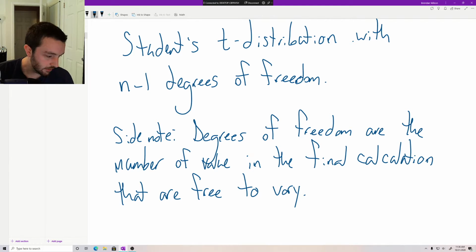Okay. So the number of values in the final calculation that are free to vary. I just got that from Wikipedia. Okay.